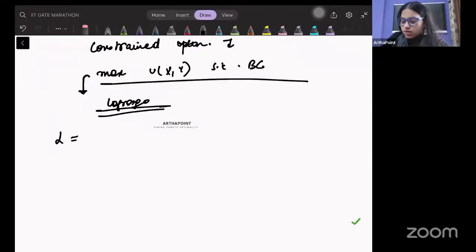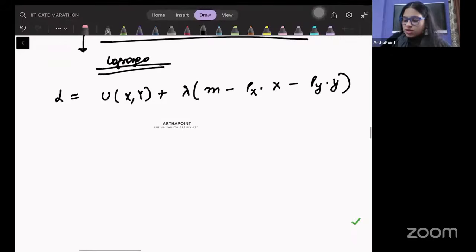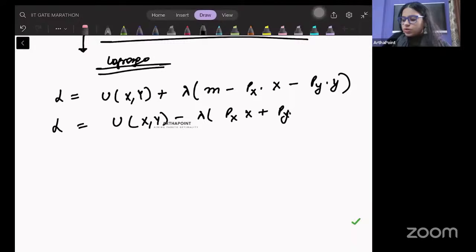I will write L is equal to the objective function plus lambda, and then I will write the budget constraint. और जब मैं ये budget constraint लिखूंगी ना, how will I write this? I will write M minus Px into X minus Py into Y. This becomes my Lagrange. Some people will write Lagrange like this. This is also correct. दोनों method ठीक है. There is nothing wrong with this also.